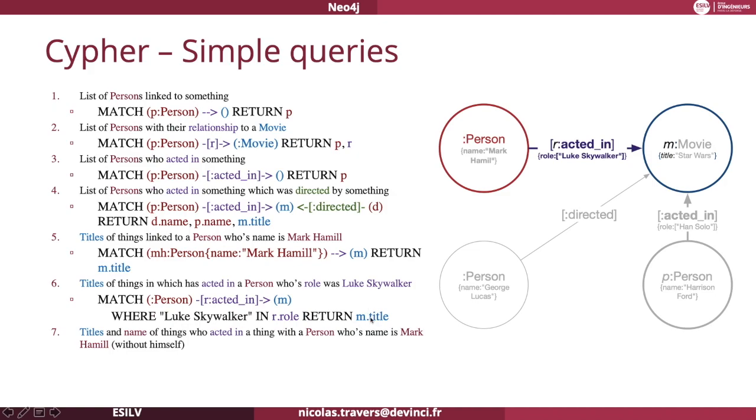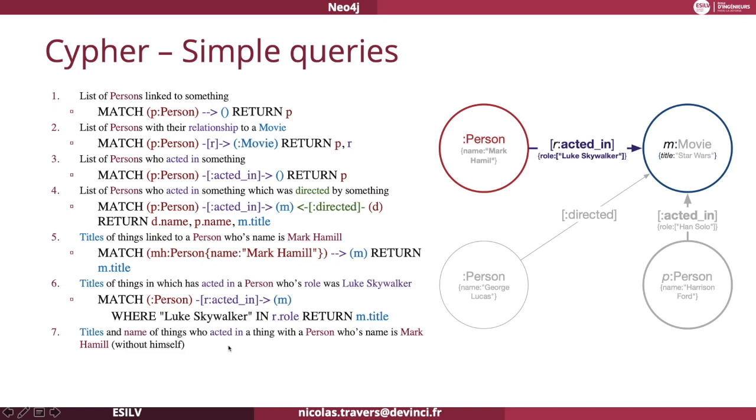We have the title, and inside the where clause we put Luke Skywalker in the list of roles inside the relationship. So here you have the node, which is a person, the relationship ACTED_IN, referred to by the r reference, and the role Luke Skywalker we are searching for. And the movie with the m variable, and we look for the title of the movie.